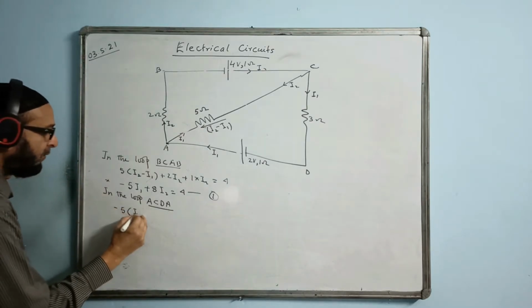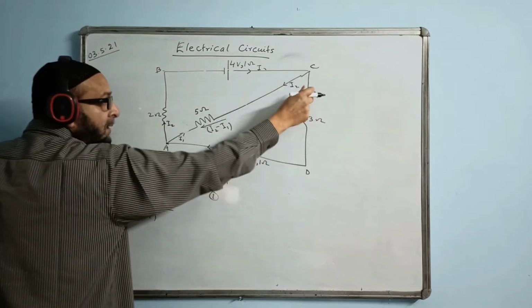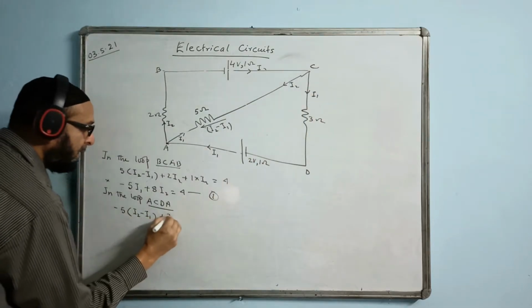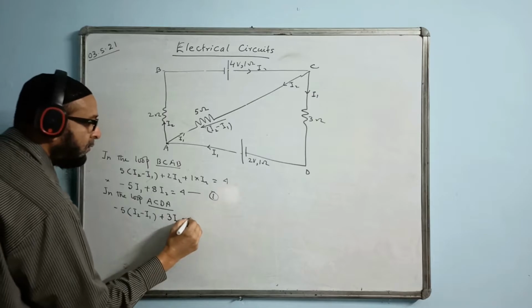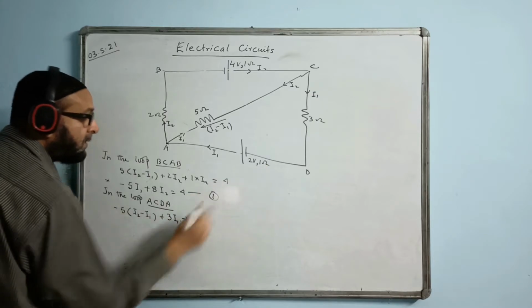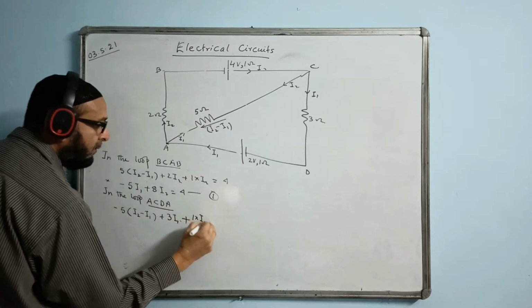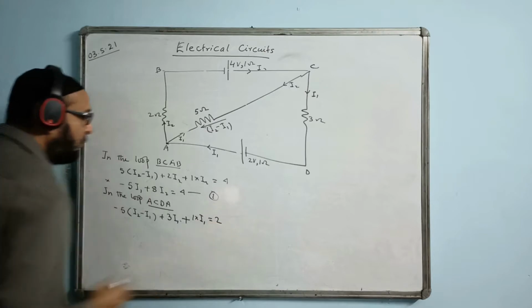Minus 5 times of I2 minus I1. Here it is in the same direction, plus 3 times of I1 equal to, and not to forget the internal resistance, plus 1 times of I1 is equal to 2.